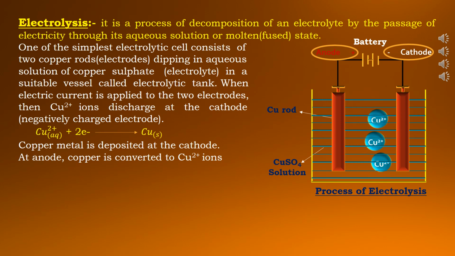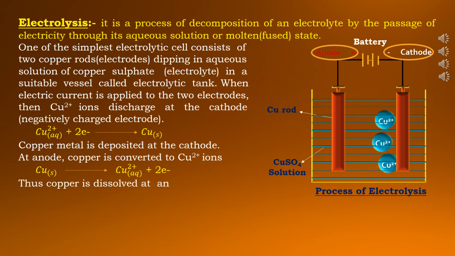So here solid copper metal, by losing 2 electrons, changes to copper ions. Thus copper is dissolved at anode. In terms of oxidation and reduction, we can say copper is oxidized at anode while it is reduced at cathode.